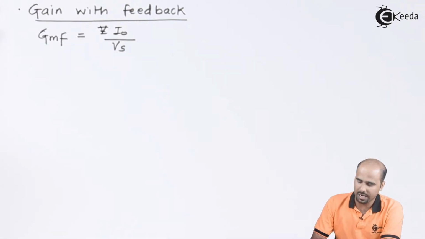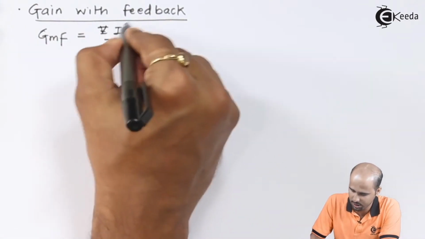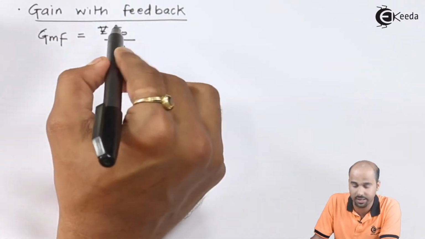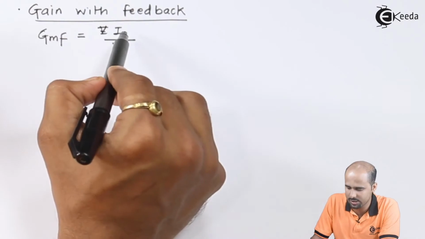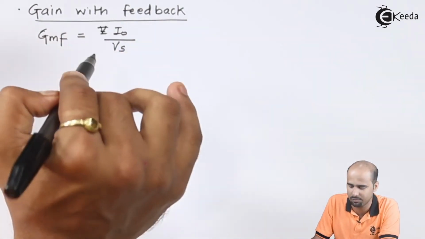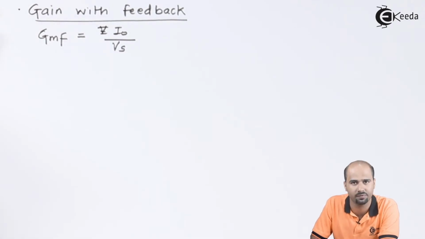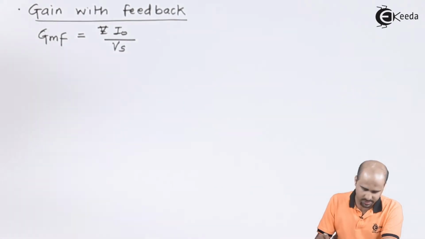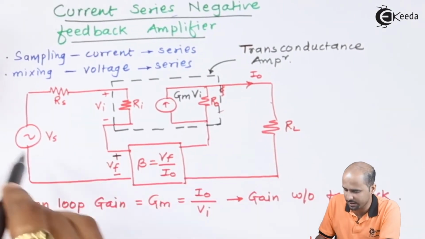Now let's start with the exact analysis. I want this ratio at the end. Once we get this, we are done with the gain with feedback part. We'll start at the input side.